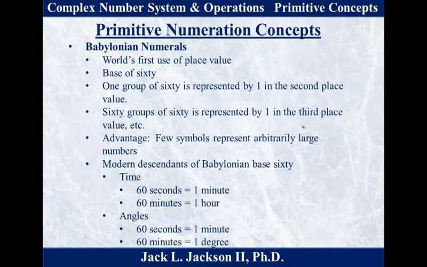We do the same thing for angles. 1 degree is divided up into 60 parts. They're also called minutes. And each 1 minute is divided up into 60 parts, which is called a second. So you also have seconds and minutes for both time and angles. But that's an example of where we're still using this old Babylonian base 60 grouping.